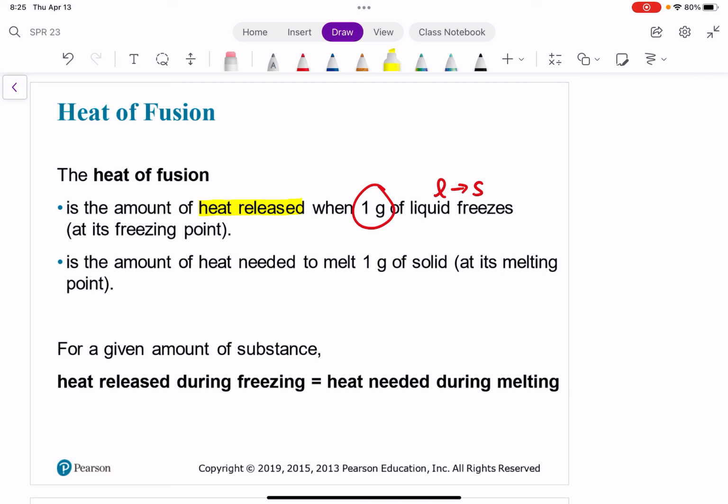It's also the heat required when you have 1 gram of a solid turning into a liquid, at its melting point.